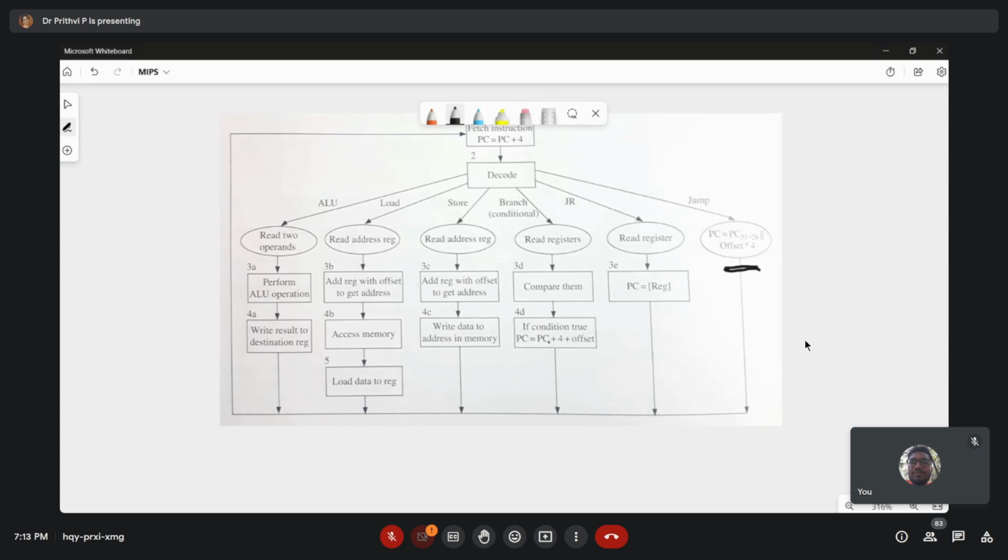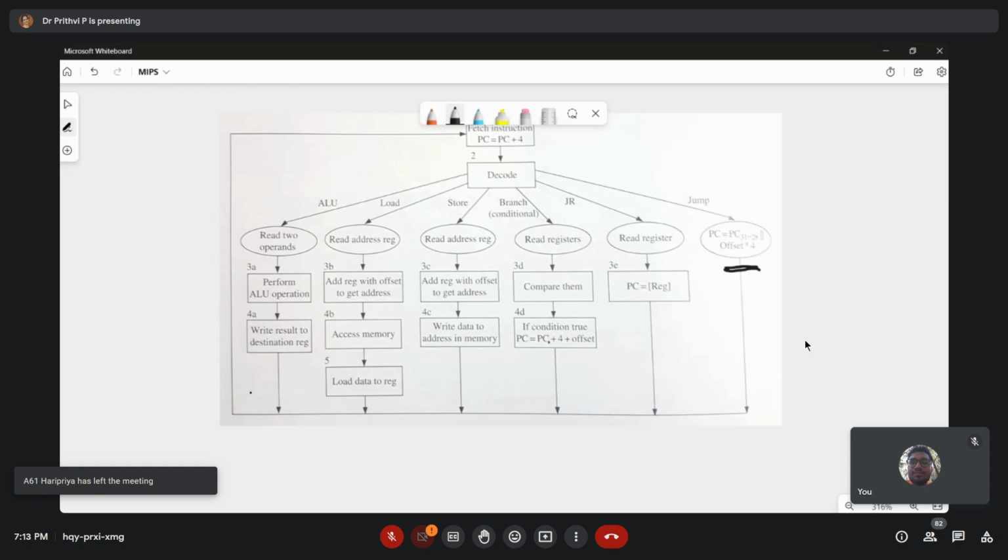So completely, if I put that into one table, how many bits each instruction will take, you can take up into this format. This will help you to understand this better.